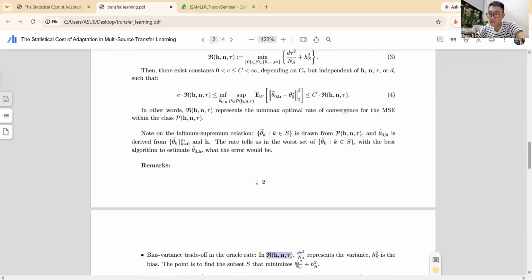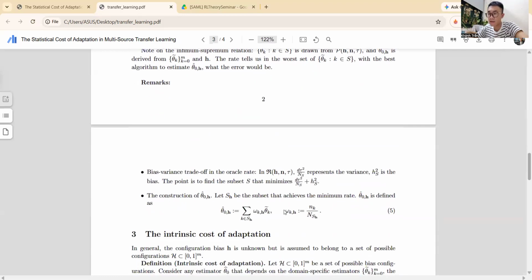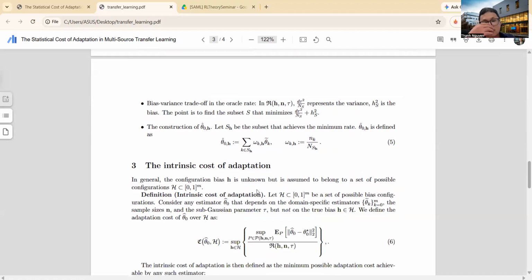The R here is the minimum taken over the subsets of the source domains. So with that set, it's the weighted sum.